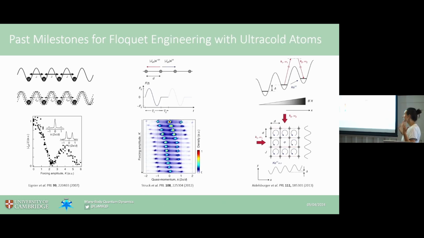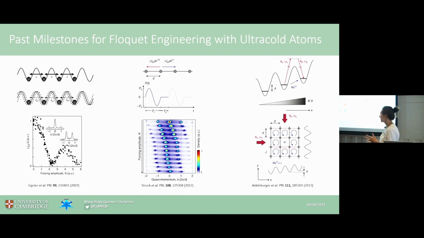And in the case of cold atoms and optical lattices, Floquet engineering is a technique that's been extensively used because we have very precise control over the parameters and we can change them in time. So it's a natural system in order to realize Floquet engineered systems.